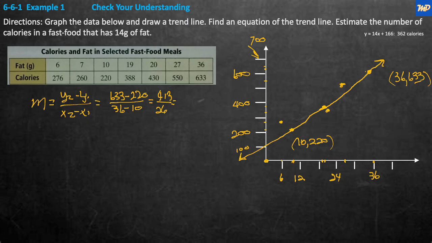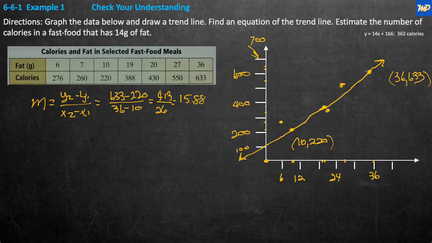Take my value here and divide by 26, and I get 15.88. Okay, so what is that? That's our slope based on the numbers that I'm getting here.